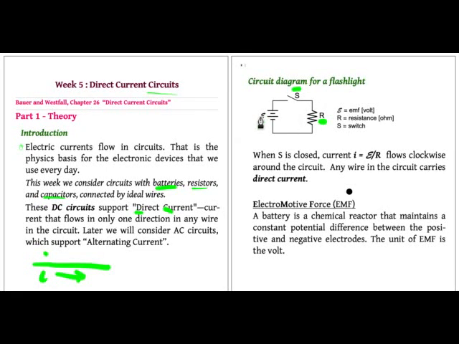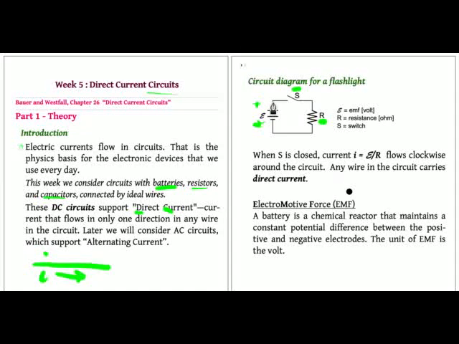The unit of electromotive force is the volt. The unit of resistance is the ohm. And when the switch is closed, current will flow around the circuit. The way this diagram is drawn, it'll be a clockwise current because this is the high potential side of the battery. This is the low potential side of the battery.